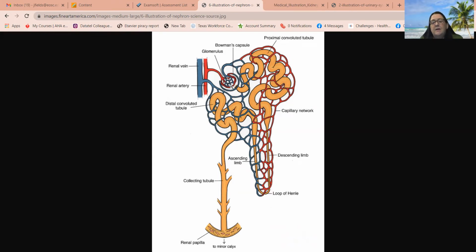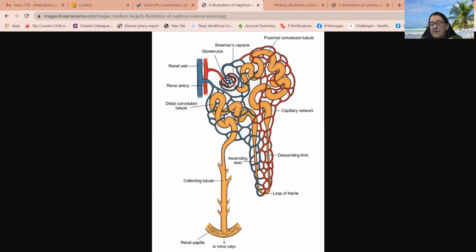So in all of these various sections of each individual nephron, different electrolytes are either absorbed back into the bloodstream or not.